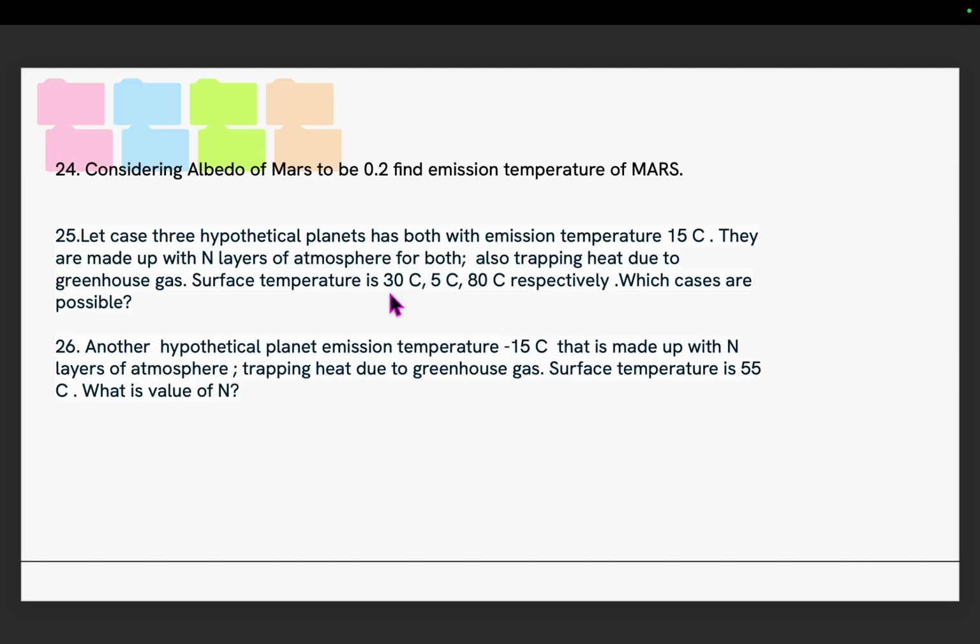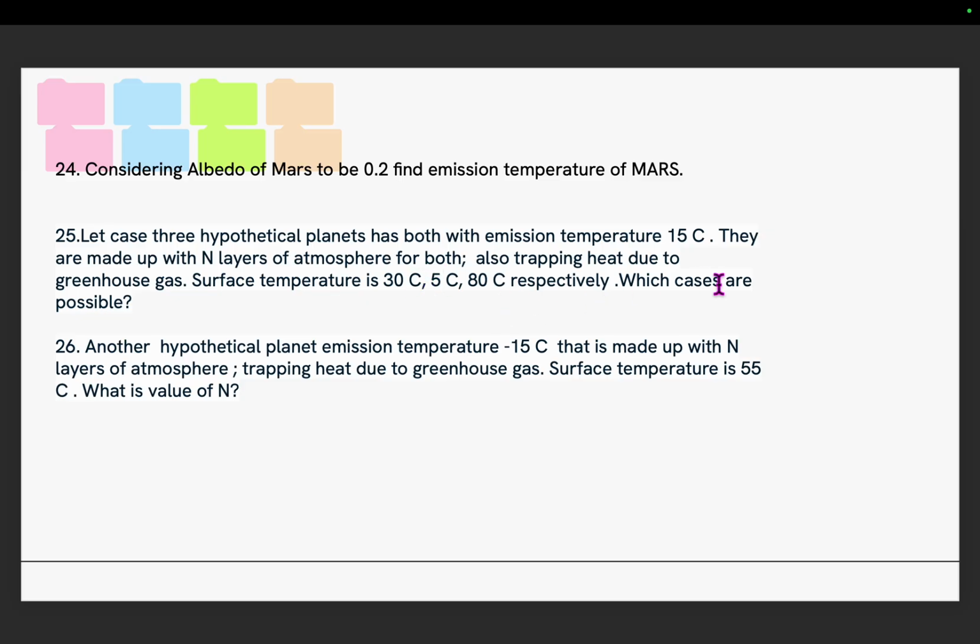All three have n layers of atmosphere, and n can be a different value for each. They are trapping heat due to the greenhouse gas. Now the surface temperatures of planet 1, planet 2, and planet 3 are 30 degrees Celsius, 5 degrees Celsius and 80 degrees Celsius.